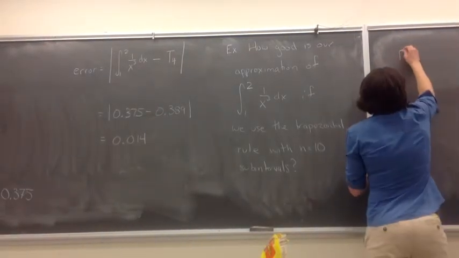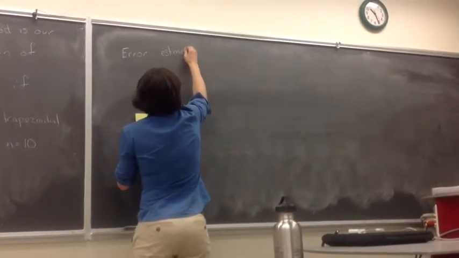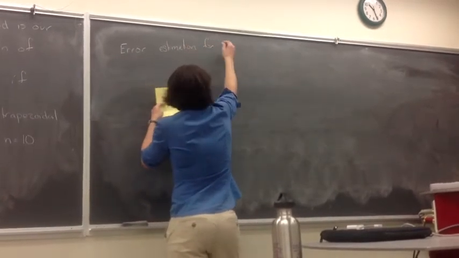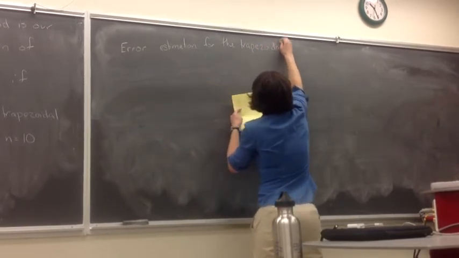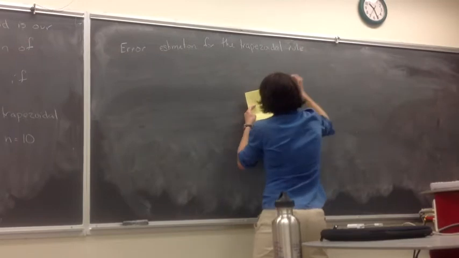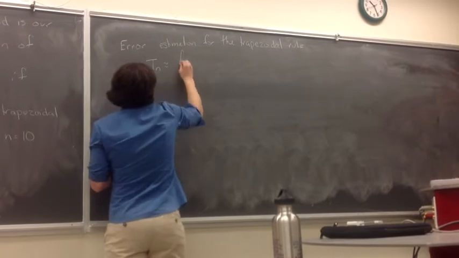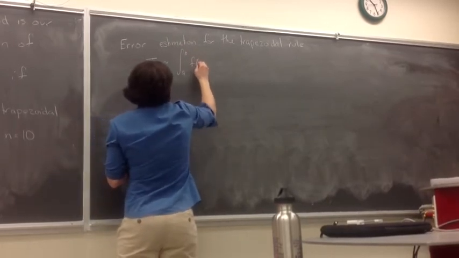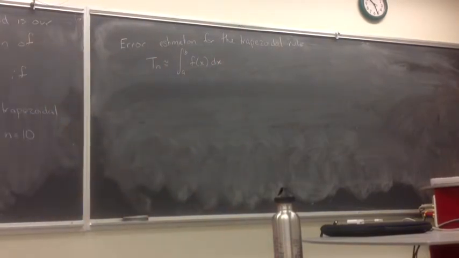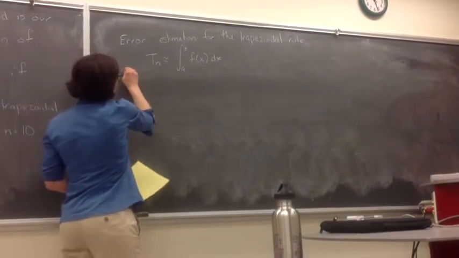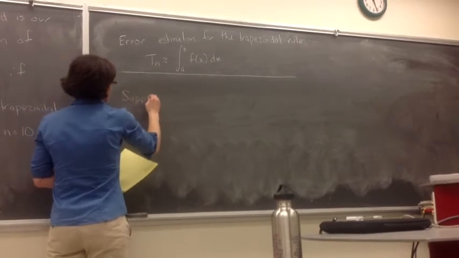Okay, so here's our formula. This is our error estimation for the trapezoidal rule, where Tn is approximating the integral from a to b of f of x dx. So here it is.